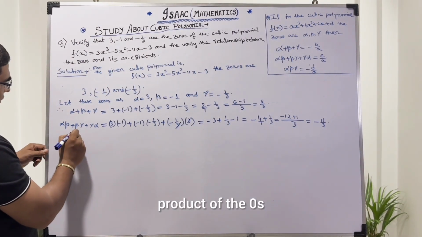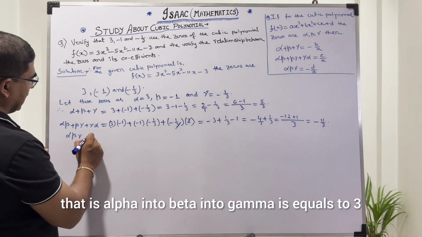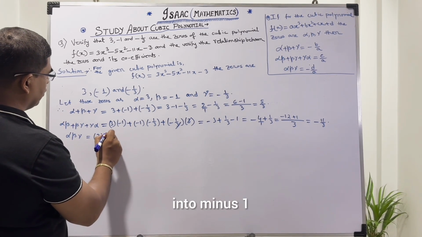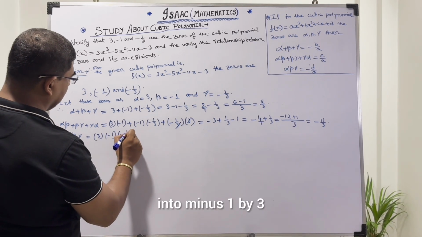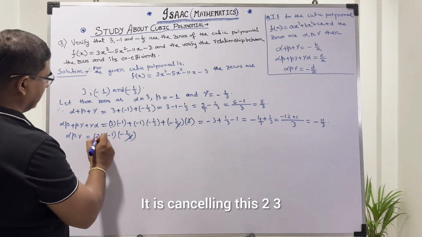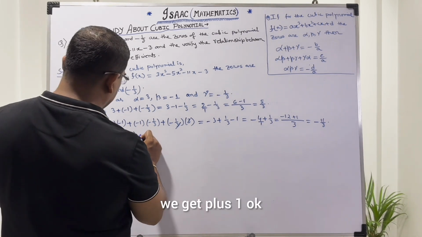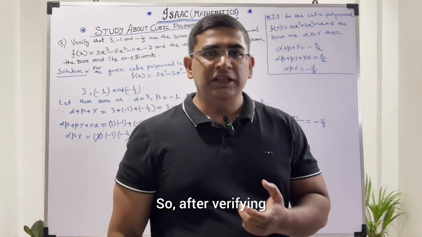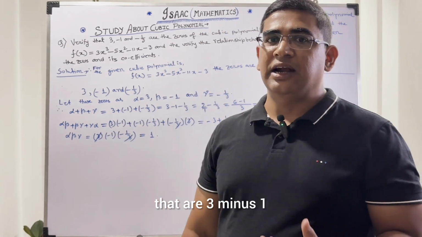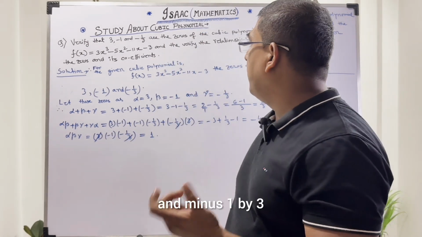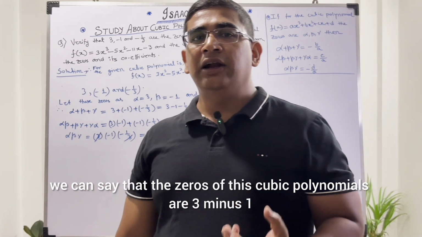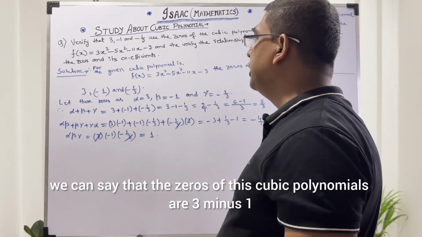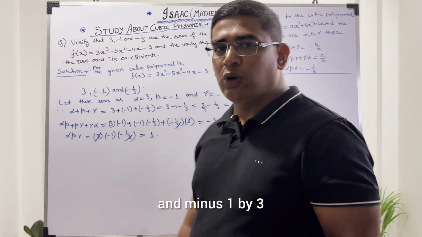Product of the zeros, that is alpha into beta into gamma, is equals to 3 into minus 1 into minus 1 by 3. Cancelling these 2 3, we get plus 1. Okay. So after verifying these three numbers, that are 3, minus 1 and minus 1 by 3, we can say that the zeros of this cubic polynomial are 3, minus 1 and minus 1 by 3.